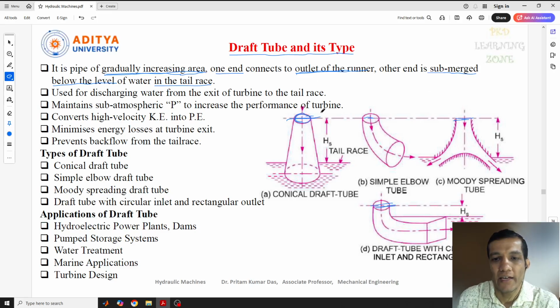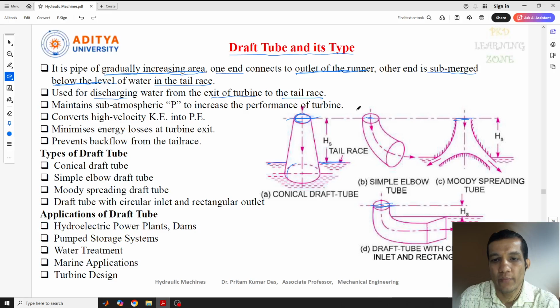One end is connected to the outlet of the runner, and the other end, the outlet part, is below the tail race level. Suppose the tail race level is here; below this level the end will be kept, and this is used for discharging the water from the exhaust of the turbine. As I told you, when the water comes out from the turbine through the runner, the draft tube helps to discharge the water from the turbine to the tail race.